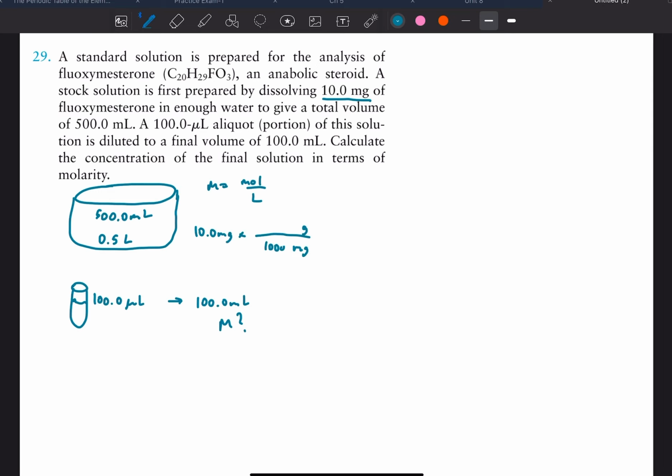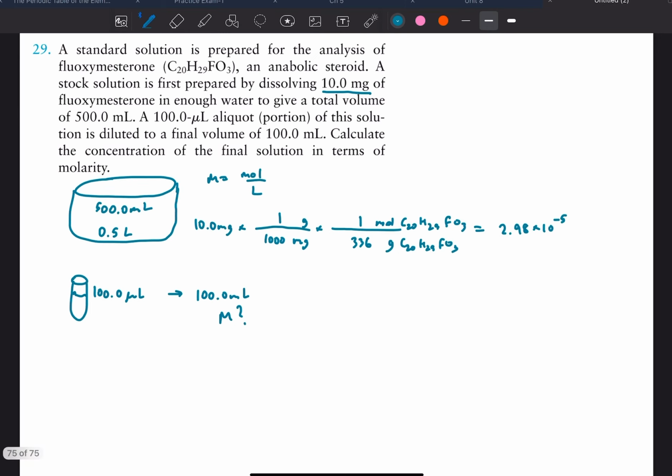We know that there's 1,000 milligrams in every 1 gram, and then we convert this to 1 mole of this molecule. And using the periodic table, we get that the molar mass is about 336. And once we multiply all of this out and divide, we get 2.98 times 10 to the negative fifth.